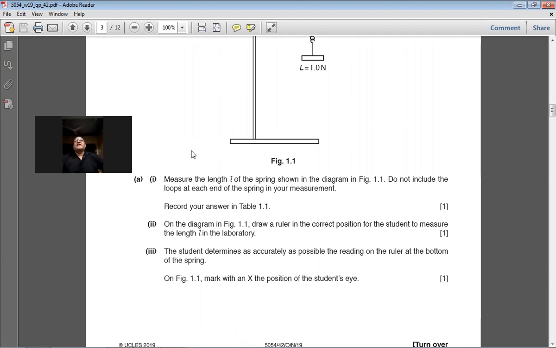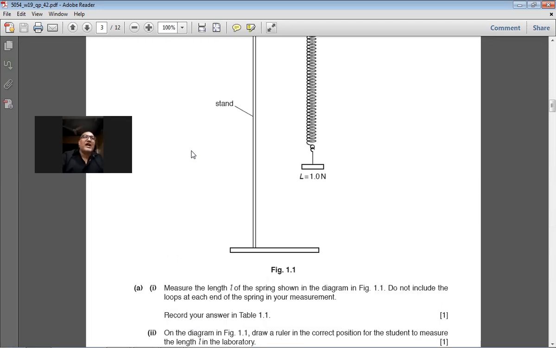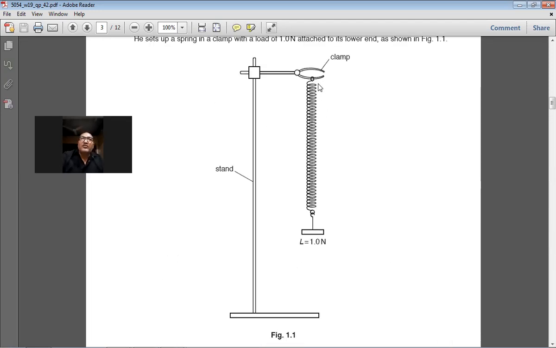Measure the length l of the spring shown in the diagram in figure 1.1. Do not include the loops at each end of the spring in your measurement. Record your answer in table 1.1. It's a 1-mark question. So you will start from here and go till here, and you will measure this length.